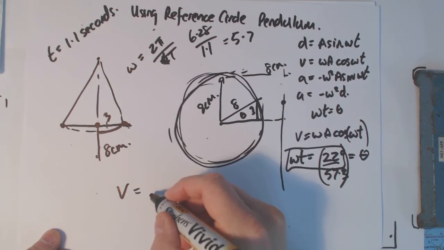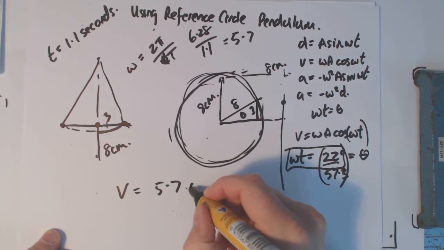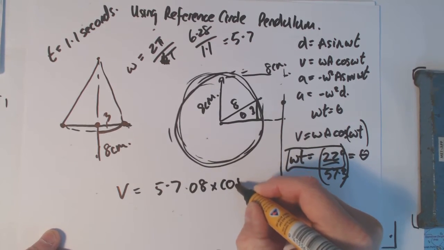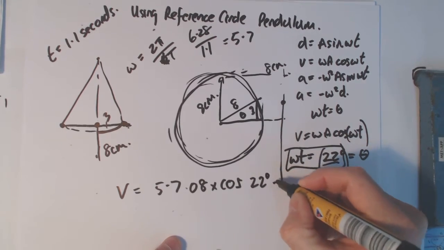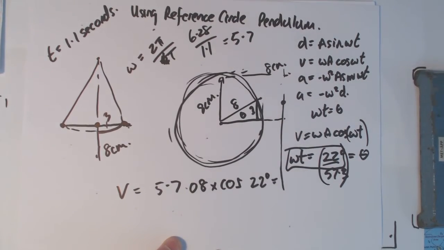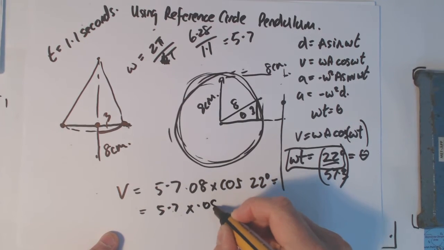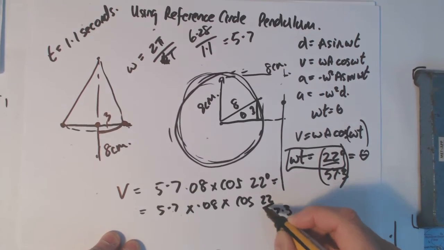v equals omega A, 5.7 times A, 0.08, times the cos of 22 degrees. If I'm in degrees, that's the way I do my equation. I could have gone 5.7 times 0.08 times the cos of 22 over 57.3.